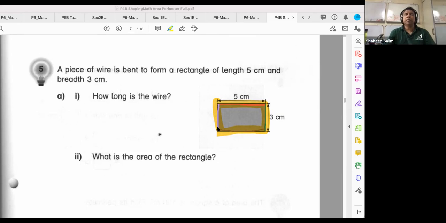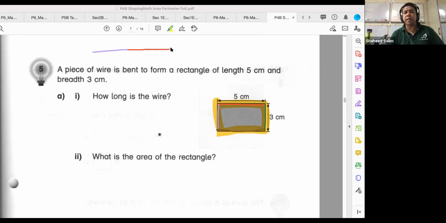So this wire actually was at first like that, and then they bend the wire so that the wire is able to form a rectangle.